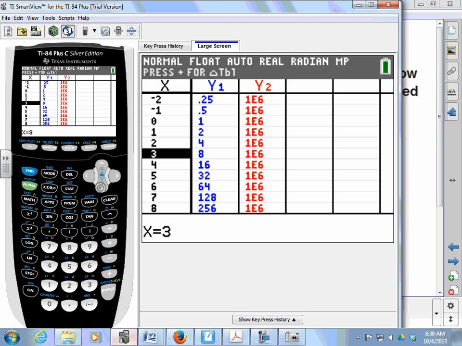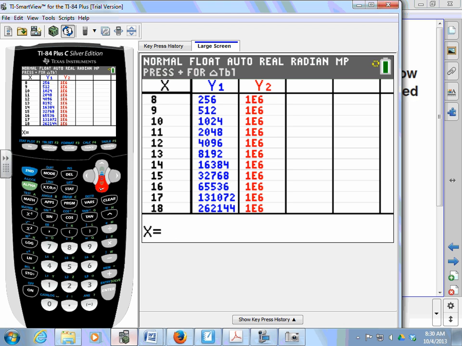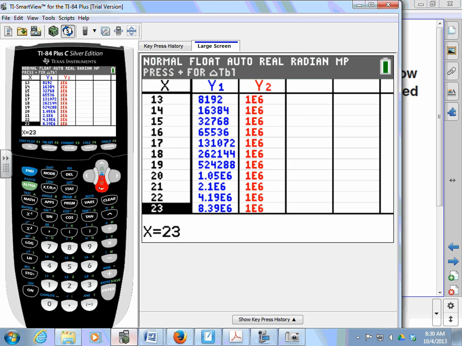So we scroll down, and we can see that it's going to be between 19 and 20, right? But that doesn't tell me the exact value, does it? That gives me a nice estimate of what it is.